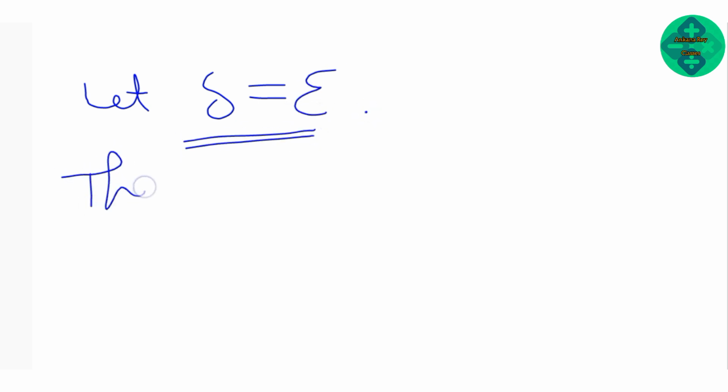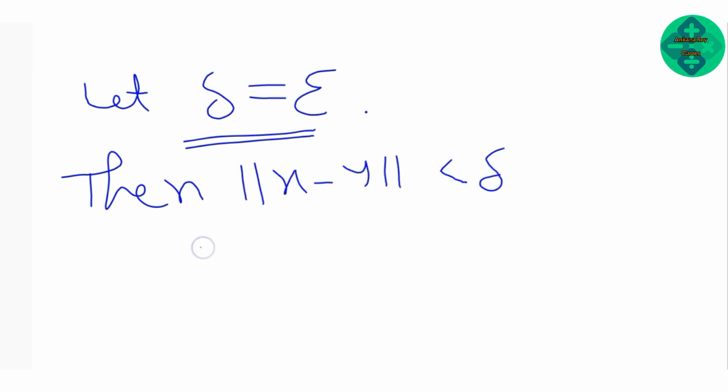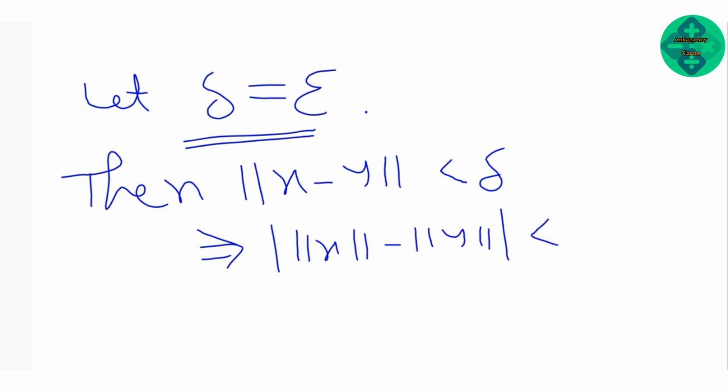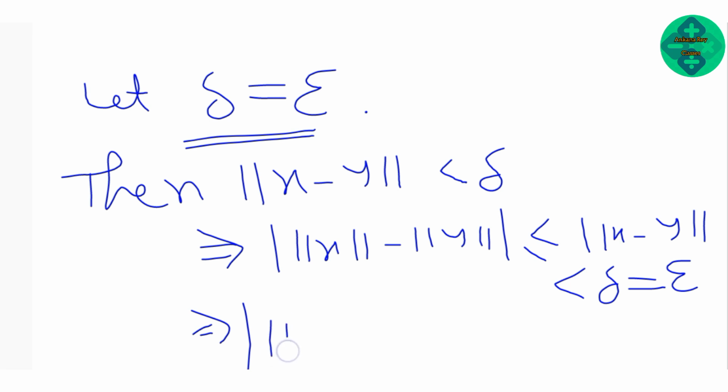Then norm x minus y less than delta implies mod of norm x minus norm y is less than or equal to norm x minus y, which is less than delta, equal to epsilon. This implies mod of norm x minus norm y is less than epsilon.